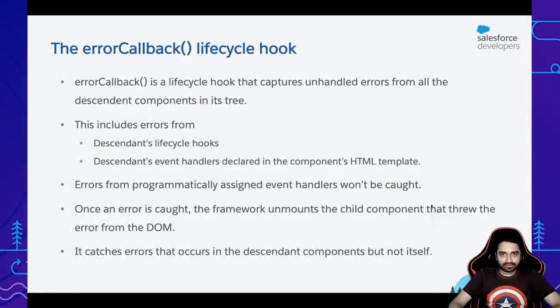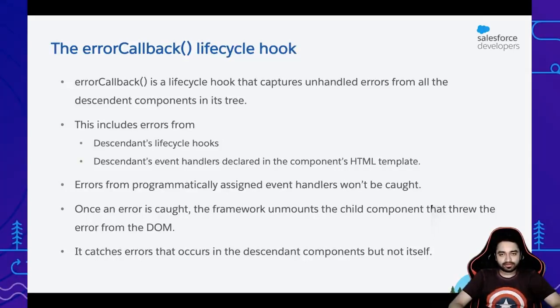And moving on, there is one thing that I want to spend a little time on, this hierarchy and how you can handle errors in the parent. And that is the error callback lifecycle hook. Other than the hooks that you already have, like your connected callback and disconnected callback, you also have this thing called error callback.